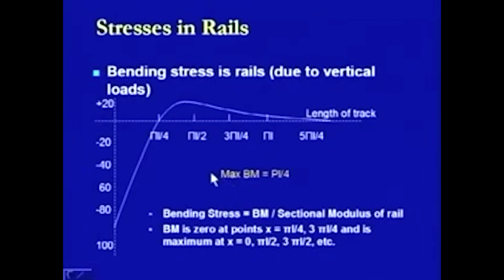Now, with this bending moment, the variation is in this form: if it is assumed by the sign notation as negative on this side, then after a certain point, which is termed as the point of contraflexure, it will change its sign and become positive on this side, and it will attain a maximum value at some distance and will again come back and become 0 along this length of the track.